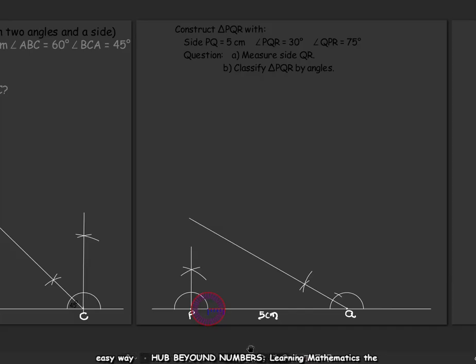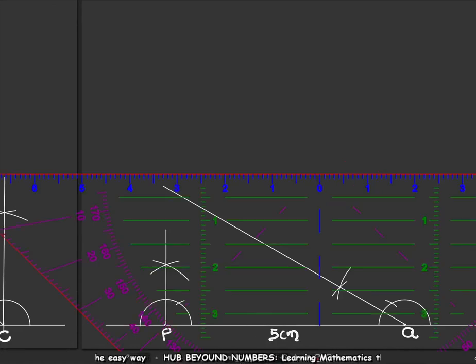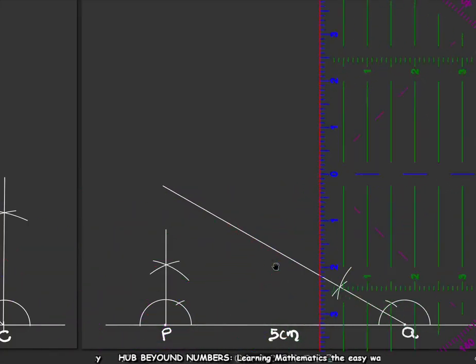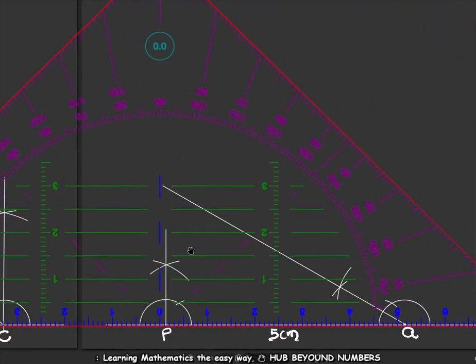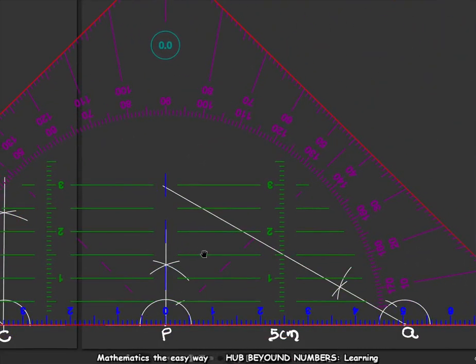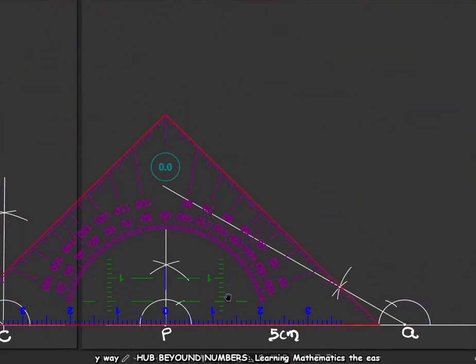So if you have your 60 now, you now want to bisect this angle and then this angle over here. We want to bisect this line and this line. How or why do we even want to do that? Let me give you an illustration over here. If I put my protractor over here and you look at it carefully, you see where the 60 passes?